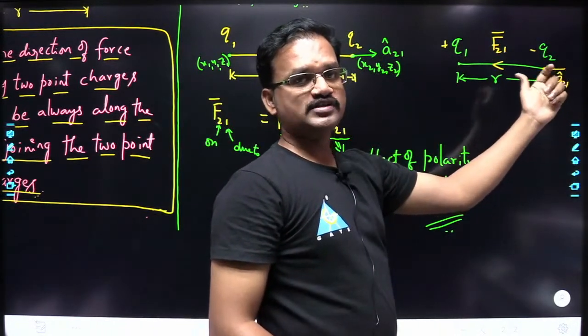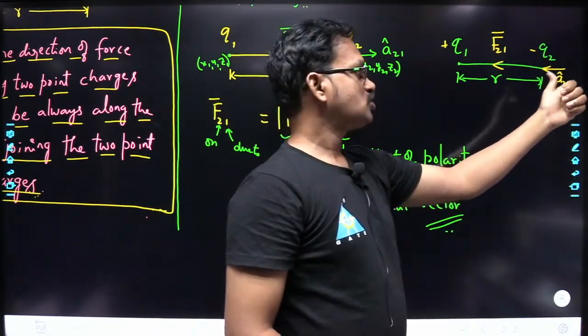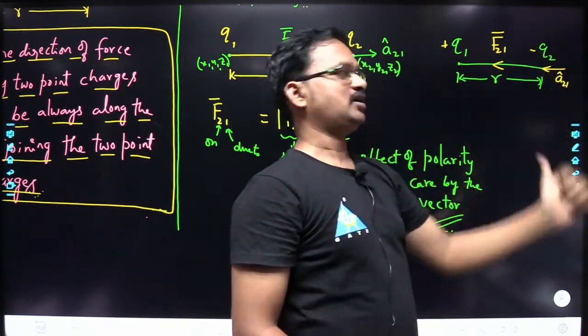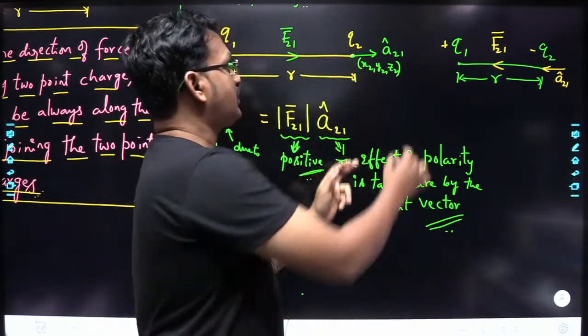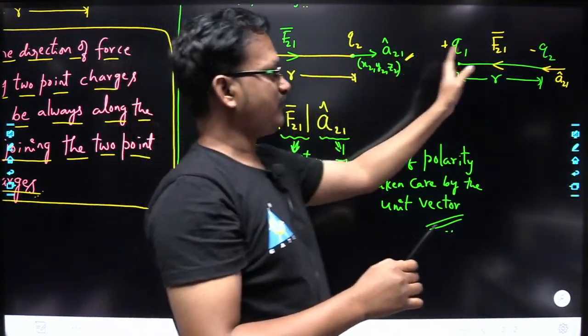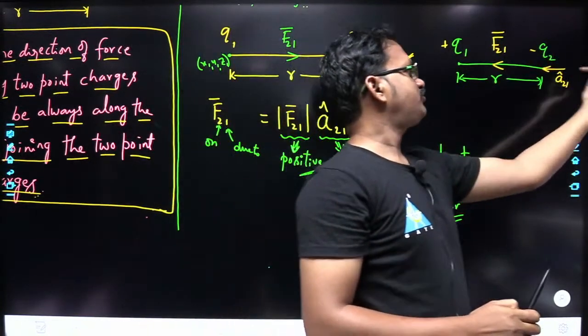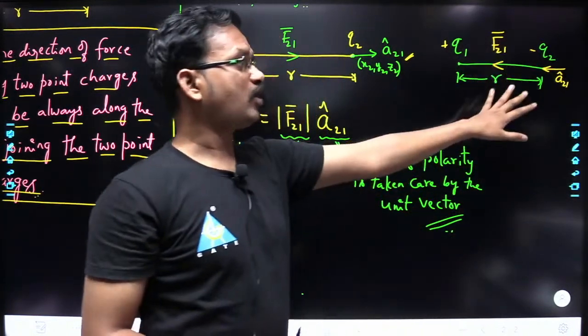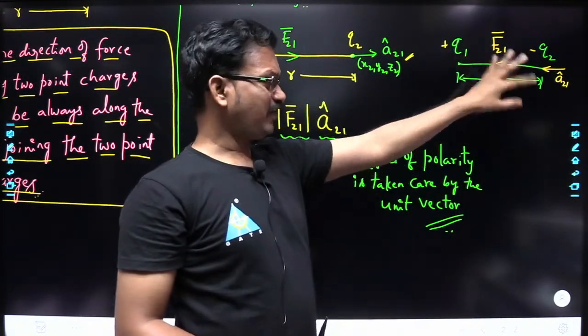The unit vector will always take care of direction. The direction of force is in this direction, meaning the unit vector is going to point in this direction. So now the unit vector a21 cap is pointing in this direction. Whenever I change the polarity, the direction of the unit vector also changes, yes or no? So that is the effect of polarity. Why is the direction changing here?